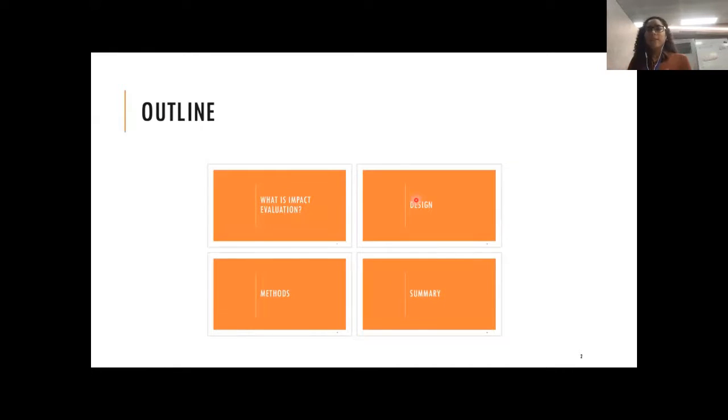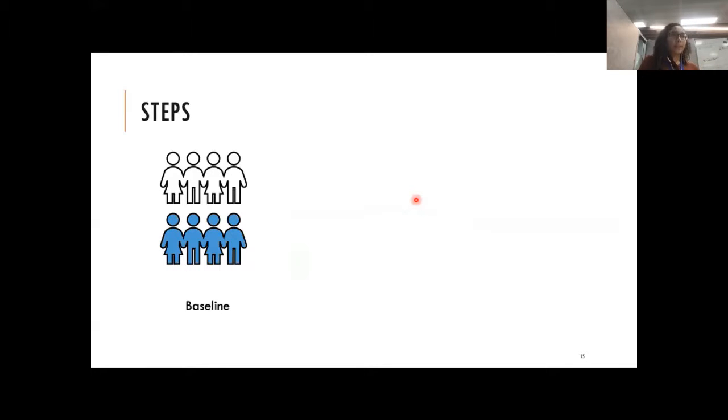And then let's try and find out how we can design an impact evaluation. These are just briefly very basic steps of what to consider. We have a baseline, and in that baseline, we need to divide the people that we see into a treatment and a control group.